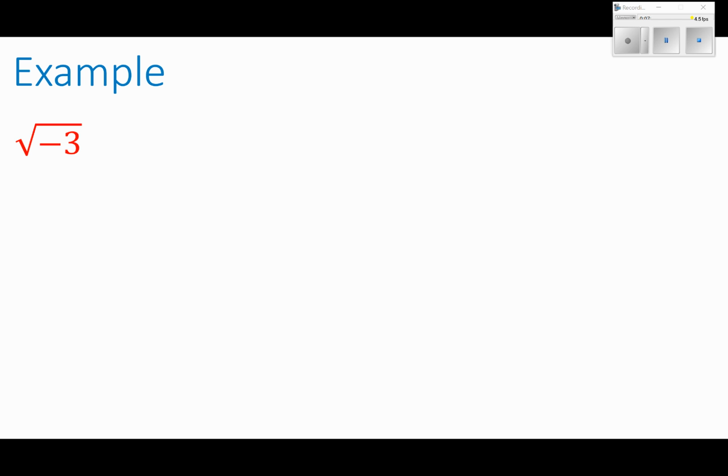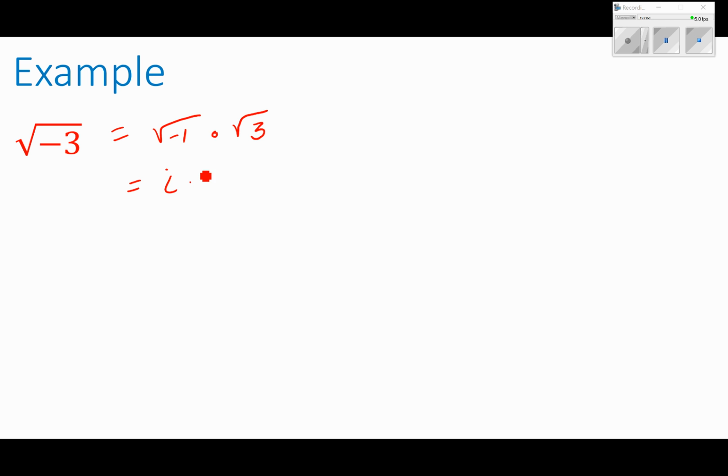We could do it with actual numbers. We could say -3. Okay, so you do this one. Tell me what you come up with when you take the square root of -3 using I. All right, this one should be pretty straightforward based on that one that we just did. So I could break this up and say -1 times square root of 3.